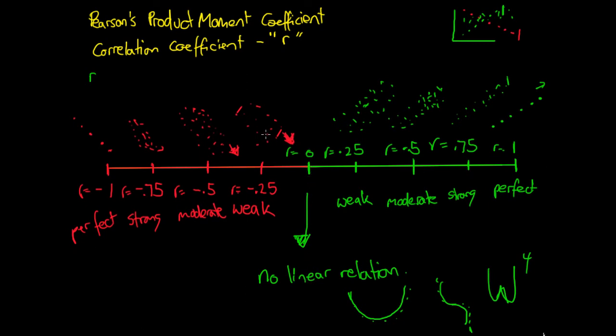Then we have a weak negative relationship at the correlation coefficient being equal to negative 0.25, and as we go down even closer to negative 1, we get a stronger relationship until we have a perfect negative relationship when the correlation coefficient is equal to negative 1.